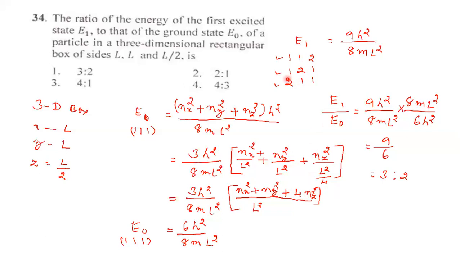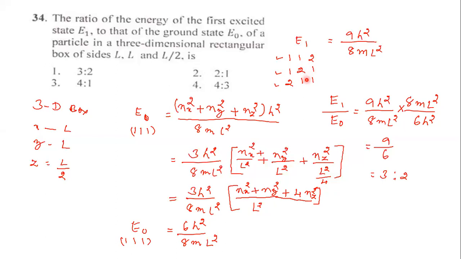Or when you take this 121, it is 1 square plus 2 square is 4, 5, plus 4 into 1 square, 9. So this set of quantum numbers will give higher energies, but this set and this set of quantum numbers will give a lower energy.